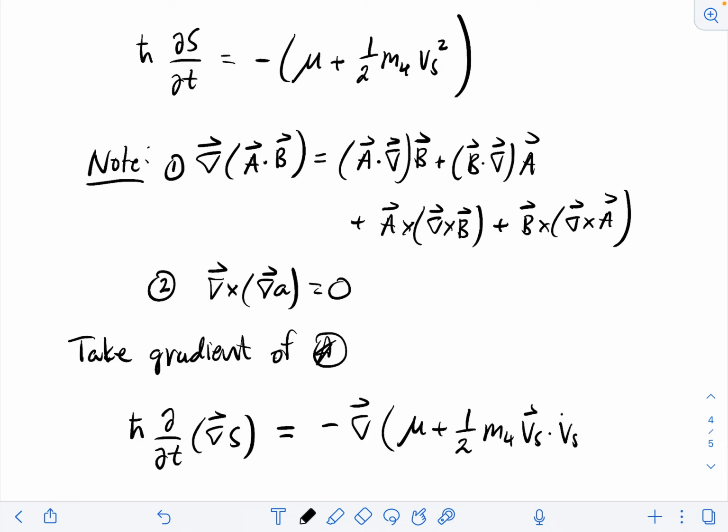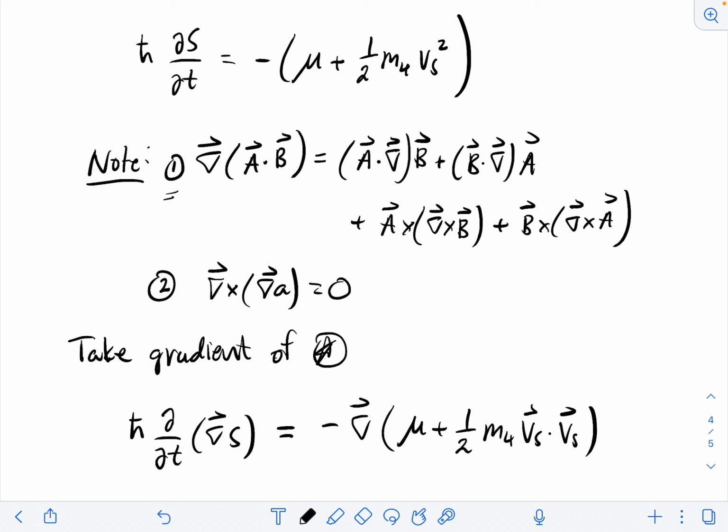And so you could already see where this first identity is going to be important because we're going to have to take the gradient of vs dotted with vs. That's kind of nice actually, because then instead of having an a and a b, we just have the same vector, which simplifies that first identity a little bit.